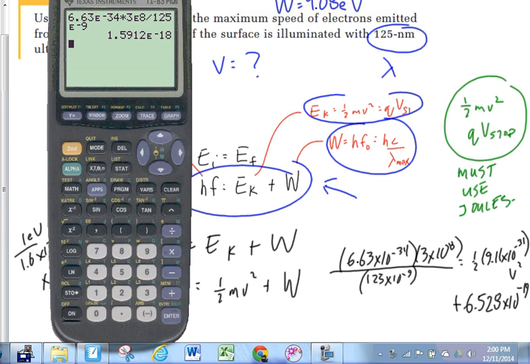Let's subtract from that 6.528 times 10 to the minus 19. Let's double that to get rid of the half. Let's divide by 9.11 to get rid of it. And then let's square root this to get v. And we end up getting 1.44 times 10 to the 6 meters per second.